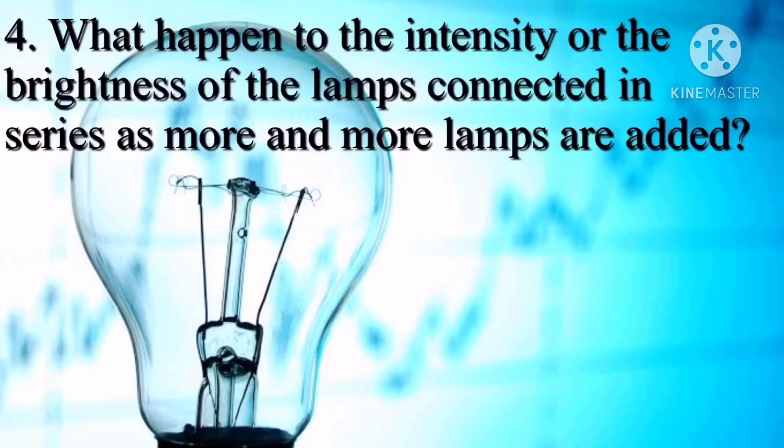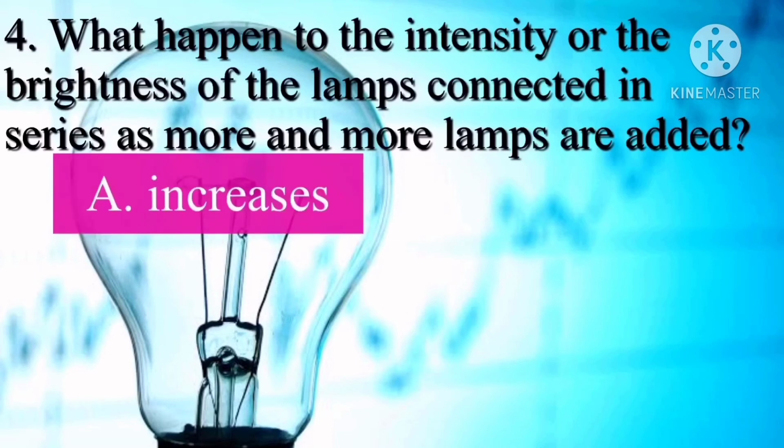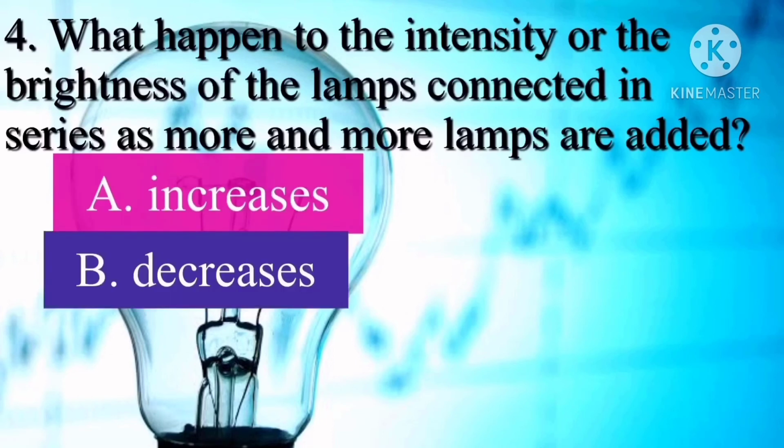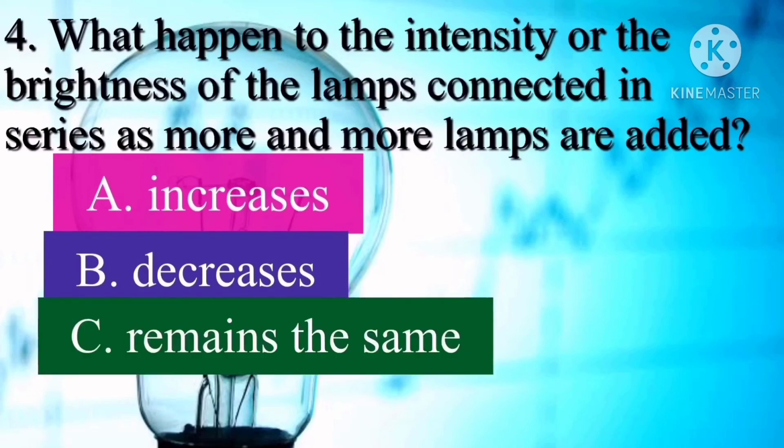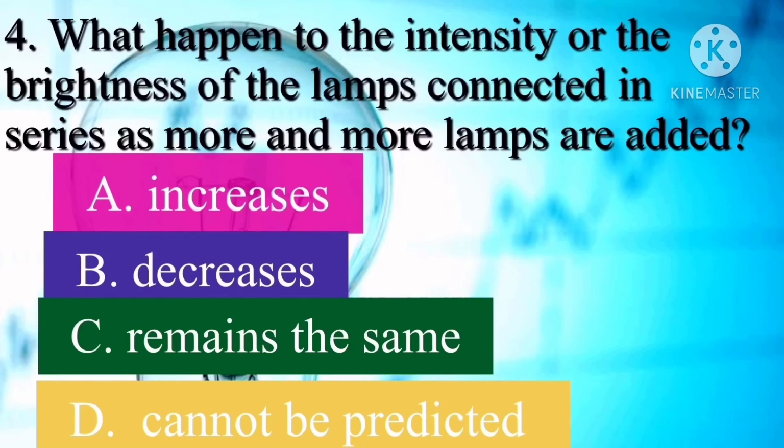Question number 4. What happened to the intensity or the brightness of the lamp connected in series as more and more lamps are added? A. Increases. B. Decreases. C. Remains the same. D. Cannot be predicted.